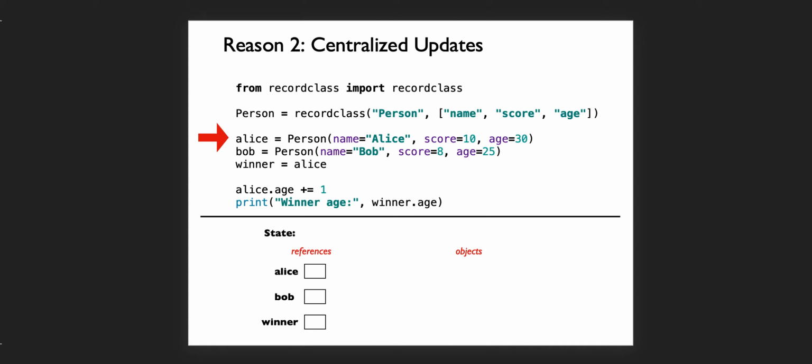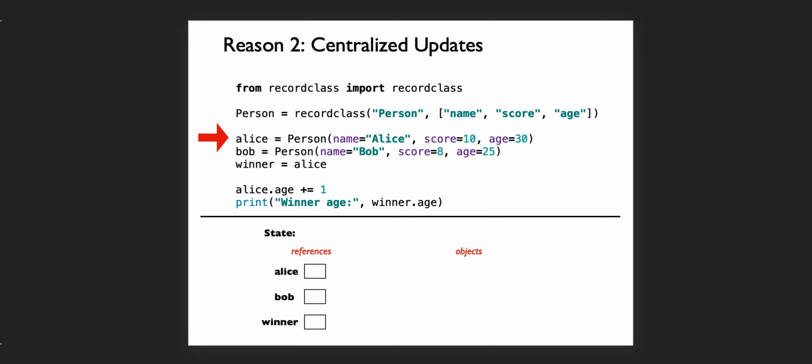Alright, so the second reason for considering the references and objects model is because you can actually make centralized updates. What I mean by that is that there could be multiple references pointing to the same particular object, right?